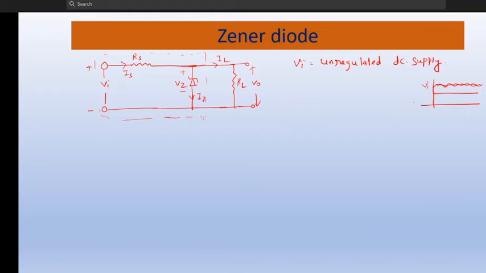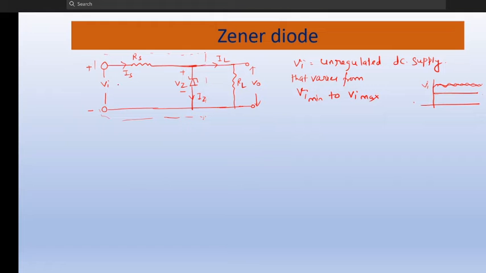Because if it is varying, it's not good for our appliance. We want a regulated output. So our Vi is unregulated DC supply, okay, and that may vary. That varies from some minimum Vi min to Vi max, right? It varies within some range, right?